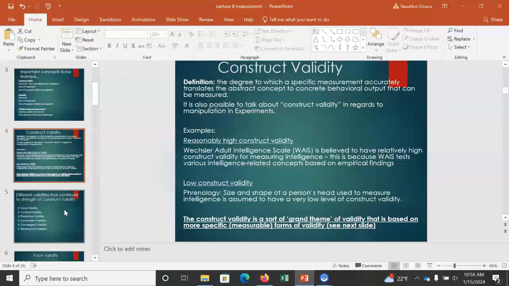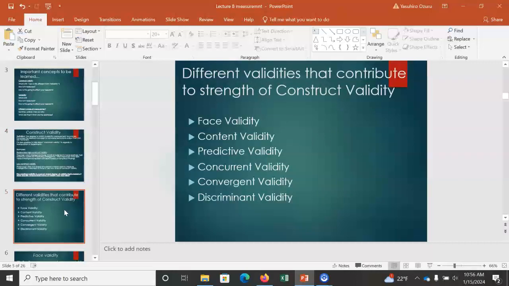That's what we are going to talk about in the next slide. The specific attributes of validity that contribute to the strength of overall construct validity that we talk about in this class are face validity, content validity, predictive validity, concurrent validity, convergent validity, and discriminant validity. So there are a lot.